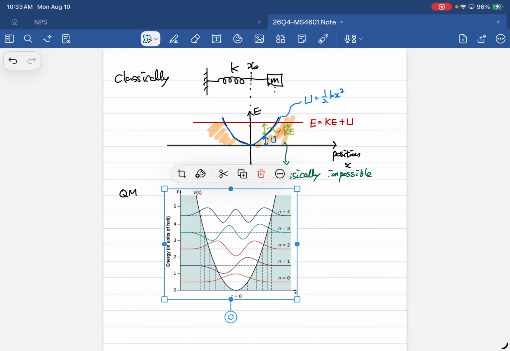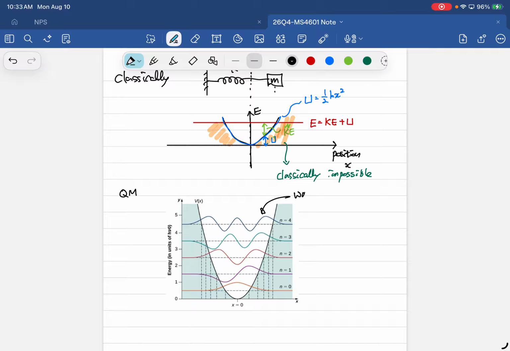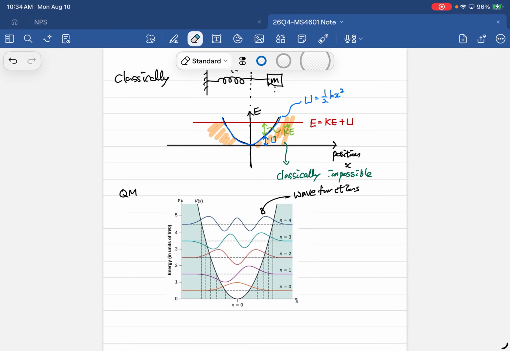If you look at this, there are several plots. These are the wave functions. This is the wave function corresponding to the lowest energy, this is the wave function for n is 1, and this is the wave function for n is 2. So we have the lowest energy, the next available energy, the next available energy, and so on.